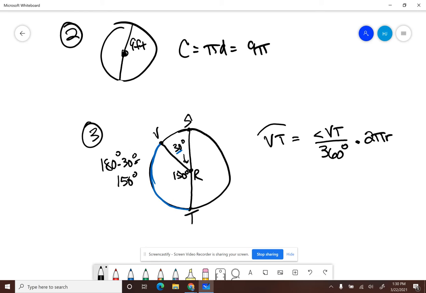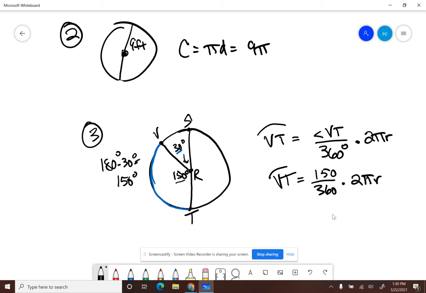So now watch what happens. Again, we're looking for arc VT. So we know that angle VT is 150 degrees. So I'm going to take 150 divided by 360, and I'm going to multiply that times 2 pi r, okay? So if I do that math, if I take 150 divided by 360, let's see if we can get that as a fraction.